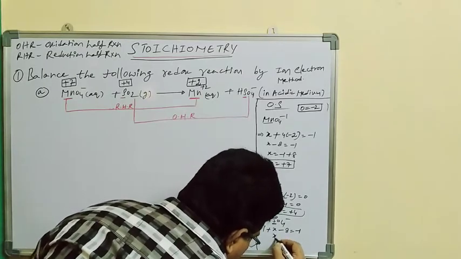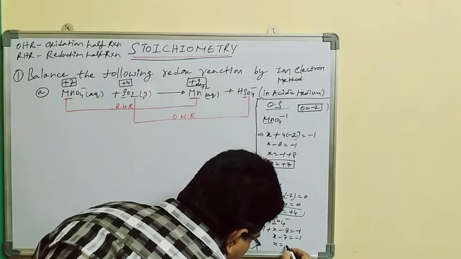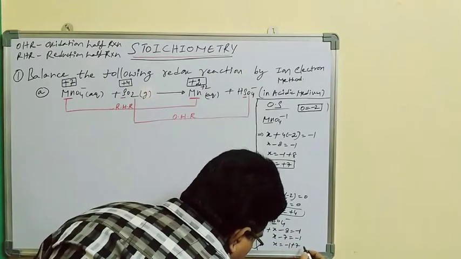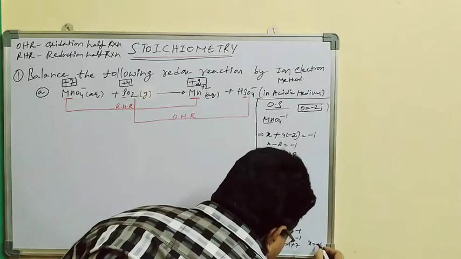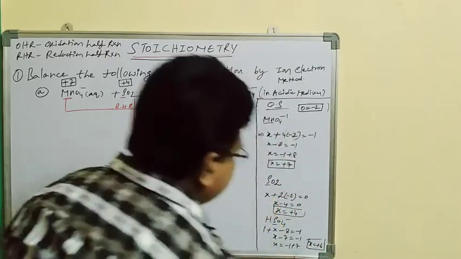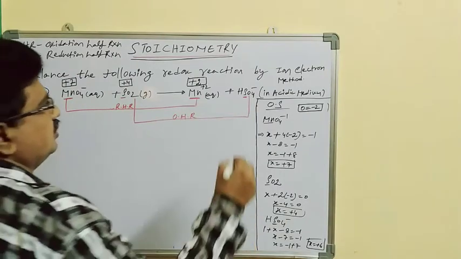So x - 7 = -1, x = -1 + 7, x = +6. The oxidation state of sulfur here is +6.